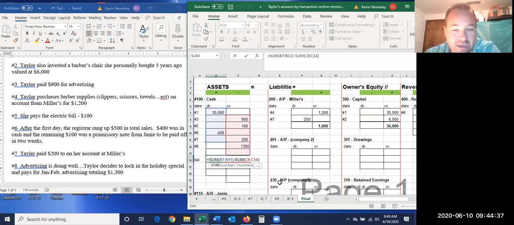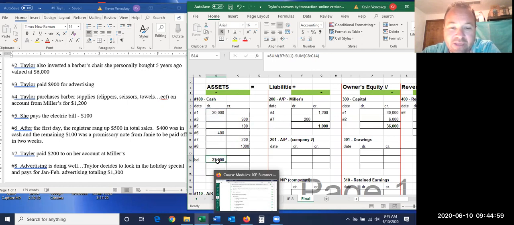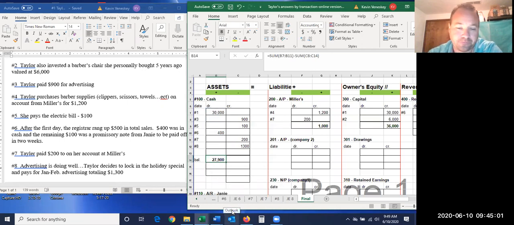It makes it so I don't make any adding errors. I said, okay, take column B, add everything up here, and then subtract everything over here in column C. When I do that, I get a balance that says in my cash checking account, I have $27,900.